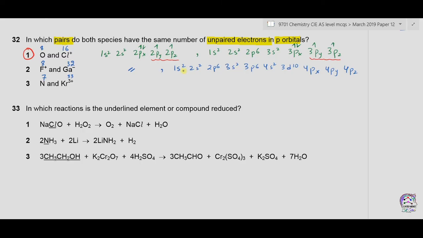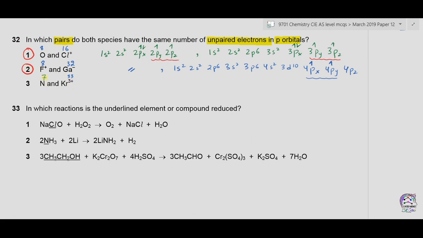As we have already filled 30 electrons up to 3d10, we just have 2 electrons left. One will be in 4px, one will be in 4py. So there are 2 unpaired electrons in Ga− and 2 unpaired electrons in F+. So option 2 is also correct.